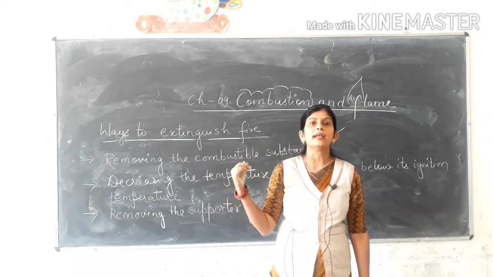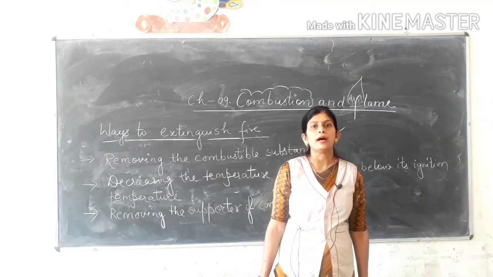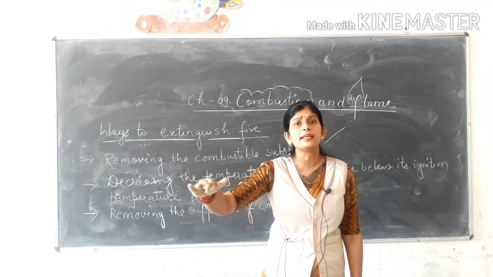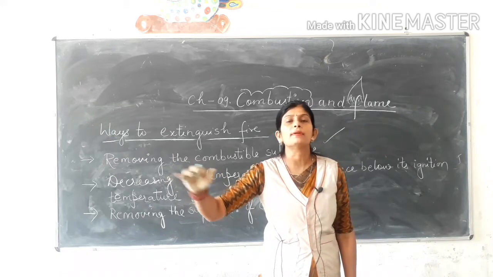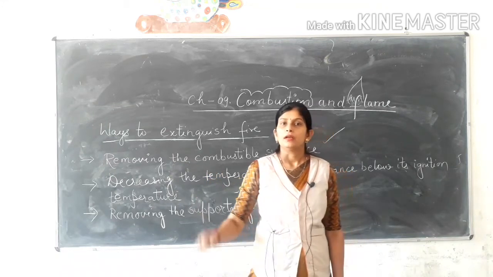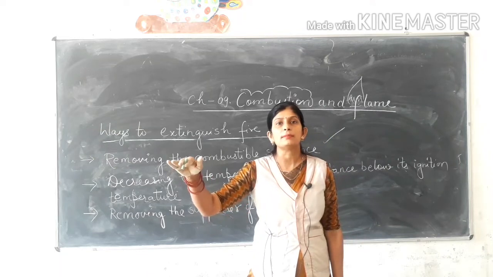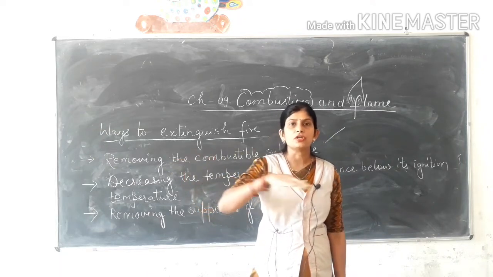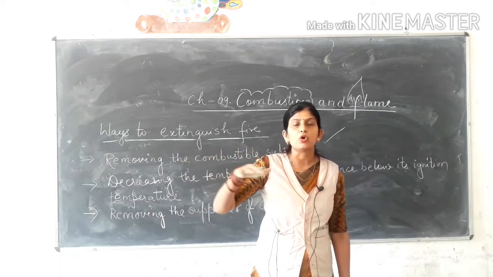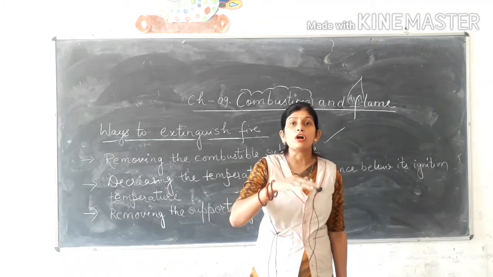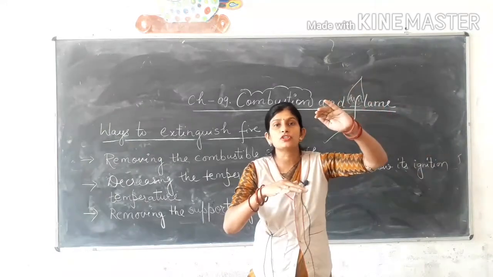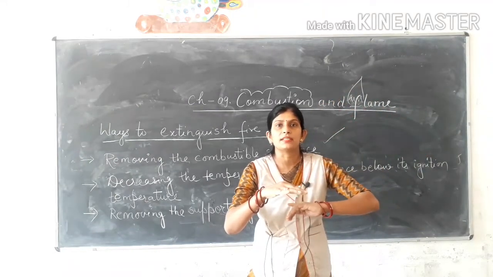Now how can it be done? It can be done by covering the burning or combustible substance with a non-combustible substance. That non-combustible substance makes a cover over the fire and cuts off the supply of oxygen to the burning substance.